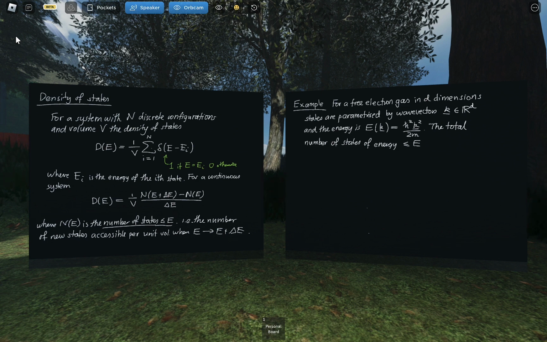So the total number of states of energy less than or equal to E is proportional to E to the d on 2. And if you look at the formula for the density of states, well, it's the derivative of N with respect to E. So just factoring out various pi's and so on, that's just proportional to E to the d on 2 minus 1. Okay, so that's the density of states for a free electron gas.